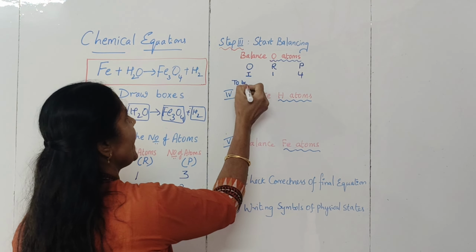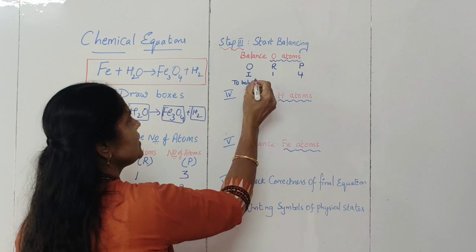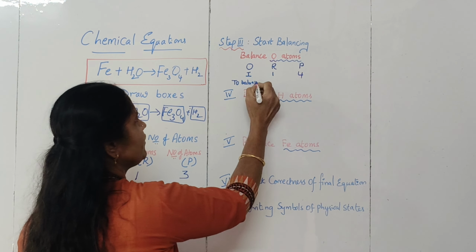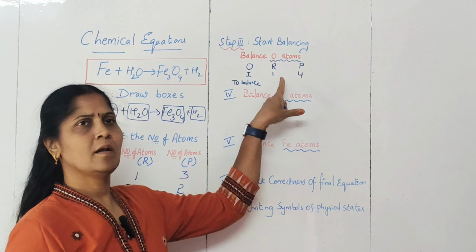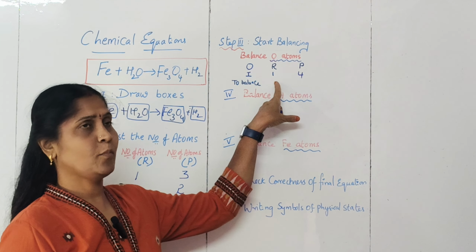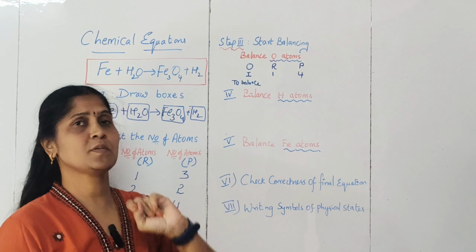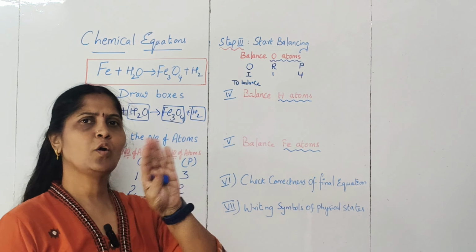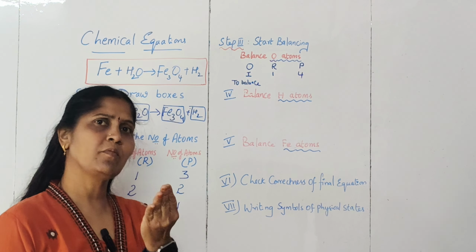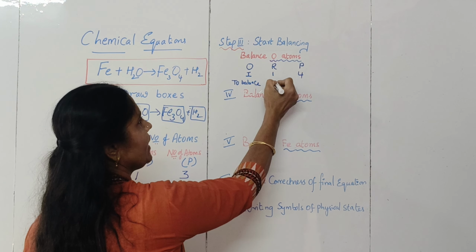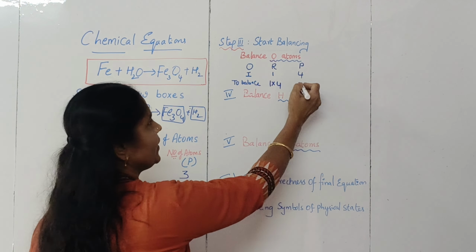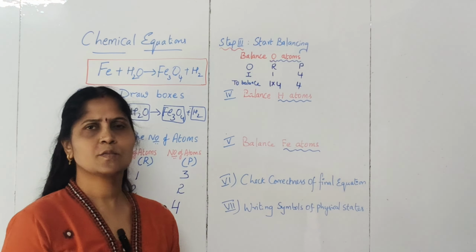Next, to balance, what we should do. Initially there is only 1 oxygen atom on the reactant side, and 4 oxygen atoms on the product side. So to balance the oxygen atoms, to make this 1 into 4, you can multiply 1 with 4 so that it becomes 4 on either side.